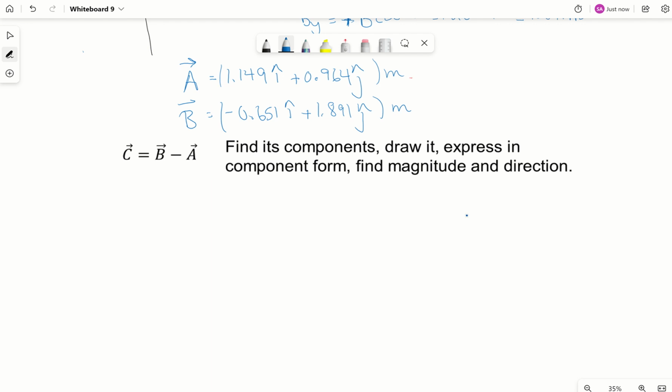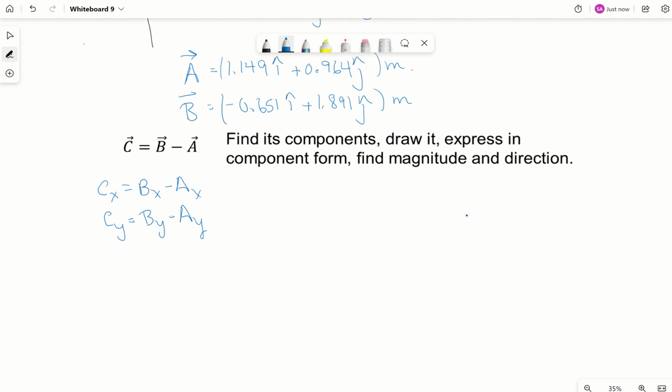All right, so how do I do it? Well, if I'm subtracting, cx is going to be bx minus ax, and cy is going to be by minus ay. If I were adding, if c were b plus a, I would just add those components. Now all I have to do is look at my 2 vectors at the top of the screen and plug in the numbers.